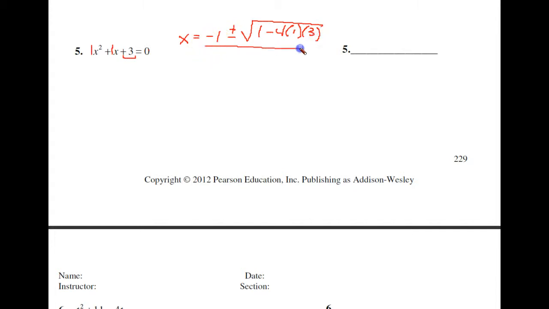And that's all going to be over 2A, which makes that 2. So we get x equals -1 plus or minus.